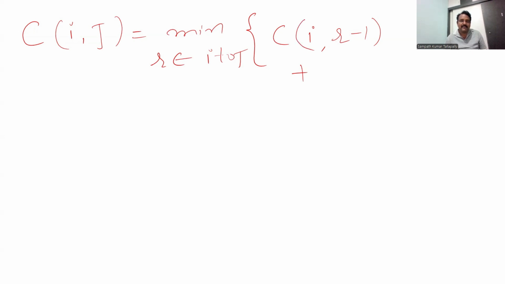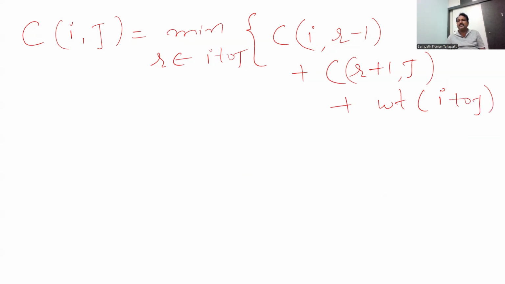Then C of R plus 1 comma j, plus the weight from I to j. So this is the formula which we are going to use for calculating the binary search tree which is treated as your optimal tree of these elements.